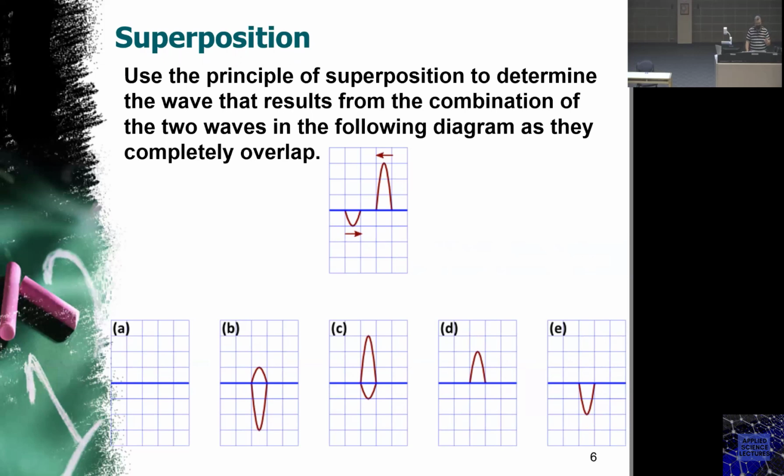So we're looking here at two waves once they overlap, which means I'm looking at them when they both become like this. At that moment, I need to apply the superposition.